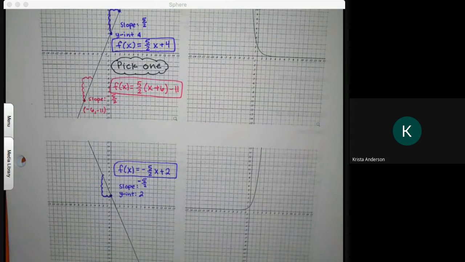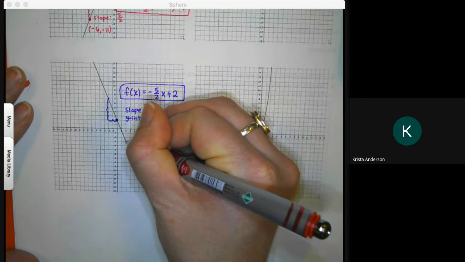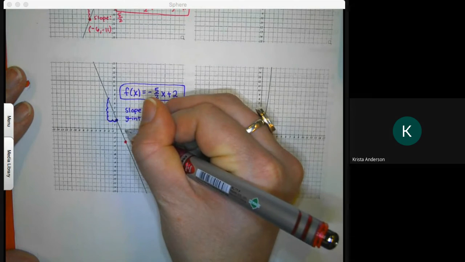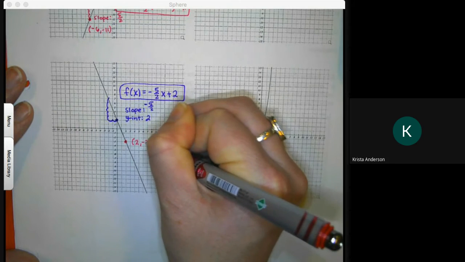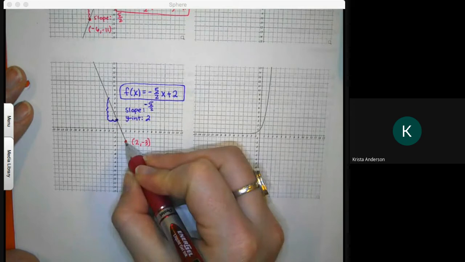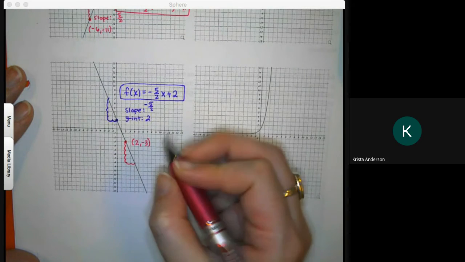Did anybody do the point slope form? The pink one? Point slope? I'm going to do it just in case someone watches the video later. It looks like it crosses here at 2, -3. And it goes 1, 2, 3, 4, 5/2.